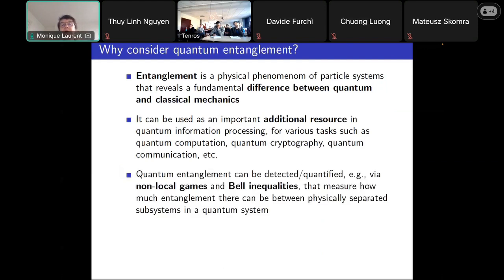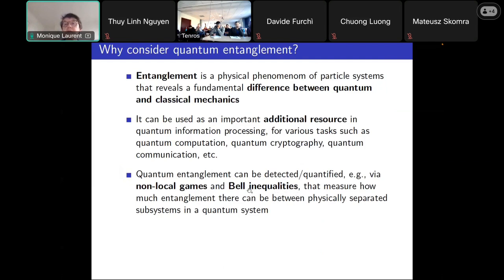Quantum entanglement exists in nature, and what people do is to try to quantify entanglement by building mathematical models which enable one to quantify it. These mathematical models, which I will discuss tomorrow, are non-local games, and their associated Bell inequalities.